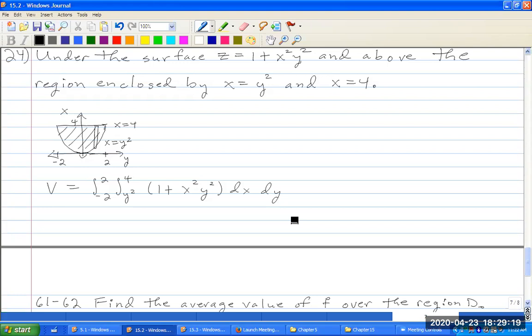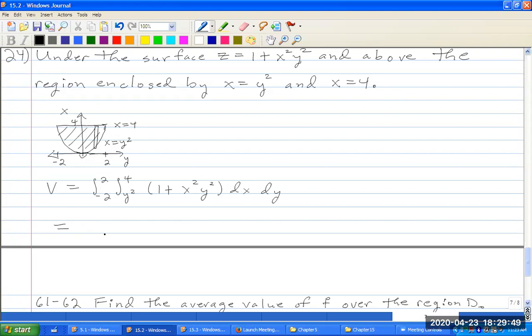And so in this case, it was easy to figure out what x is in terms of y. So that's why I did dx first and then dy. You could have done it the other way around, but then this would be like a square root plus a square root, and this would be a minus the square root, and it'd just be a little messier, that's all.